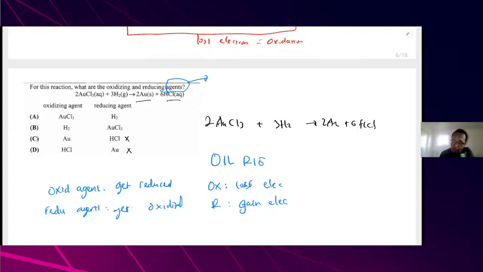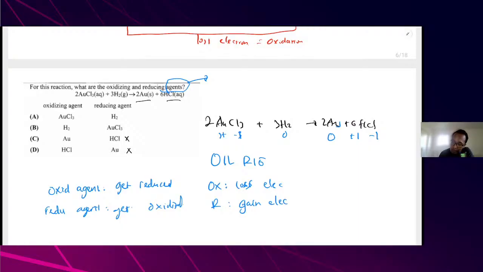Now take a look at the options. Au in AuCl3 is +3, and Cl is minus 1. Au on the product side is 0, and H2 is 0, and HCl is minus 1 and plus 1.